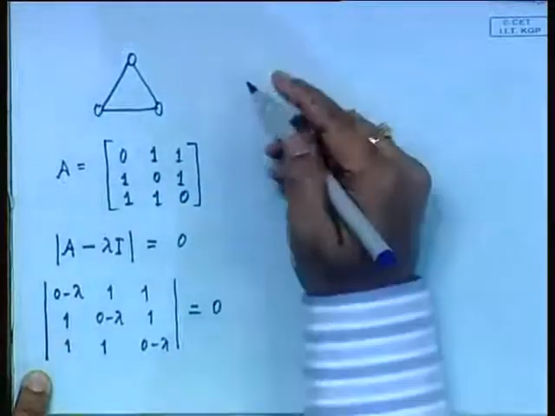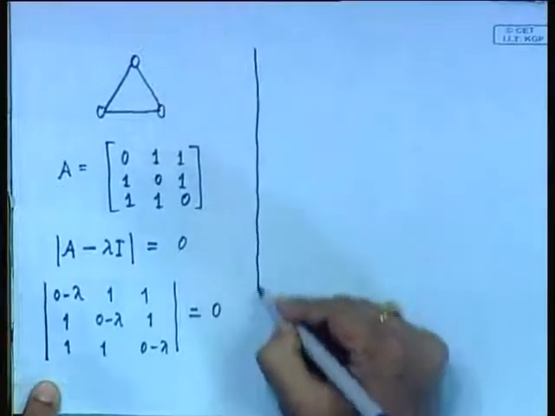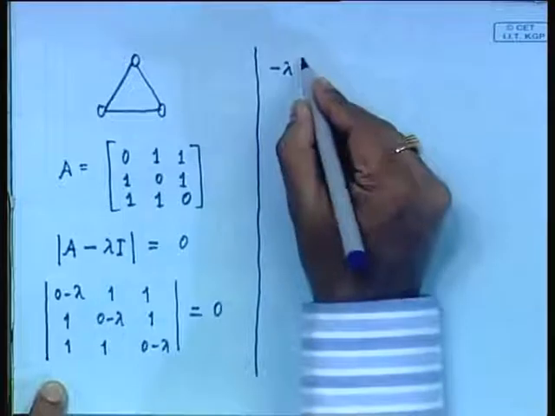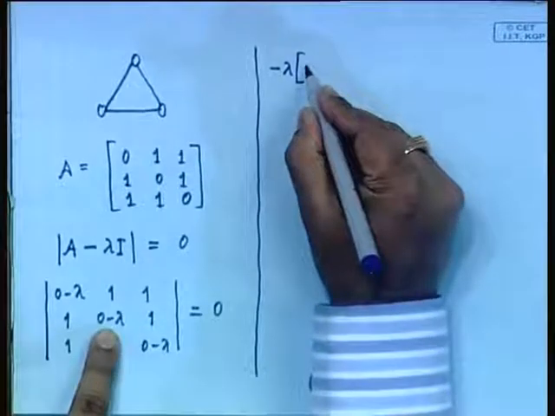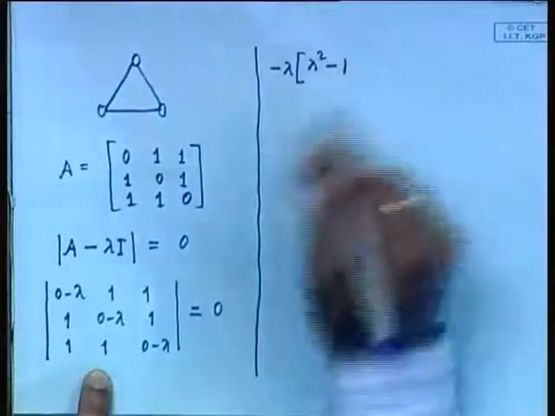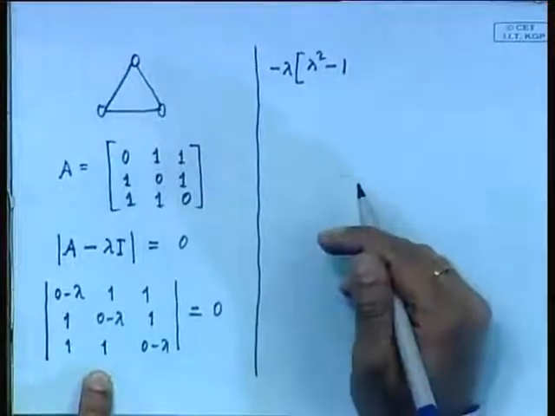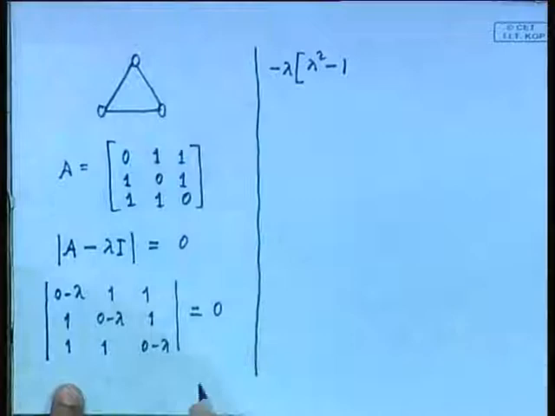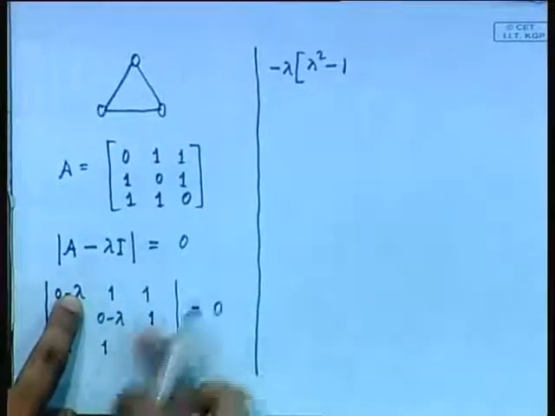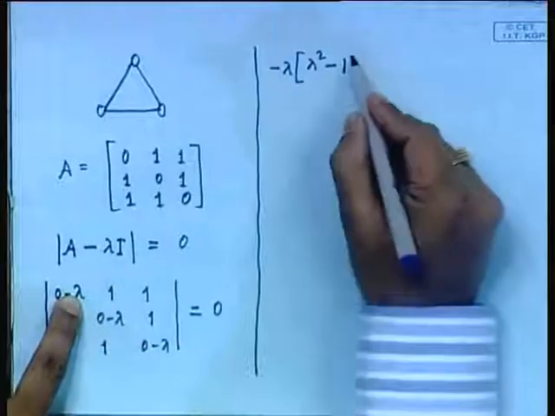Now, let us do some very simple maths and try to expand it. So, it is minus lambda square minus 1. Please try to follow me. If at any point you are not with me, please stop me. So, I have this minus lambda, I am multiplying this lambda square, and I am multiplying these two and subtracting this.